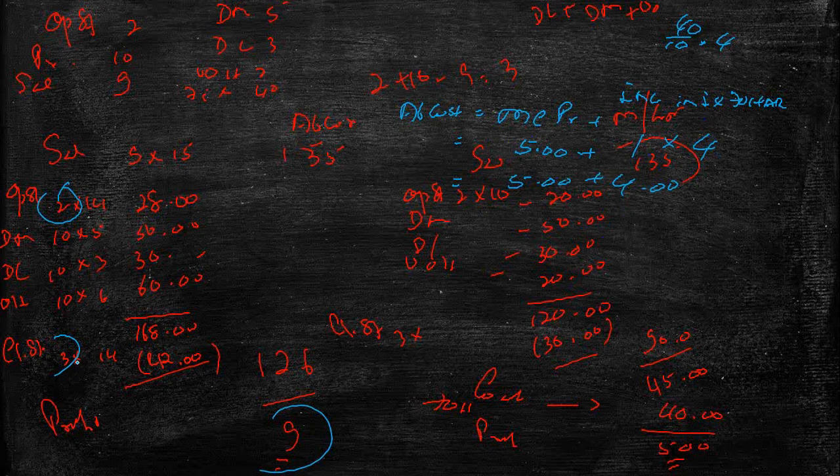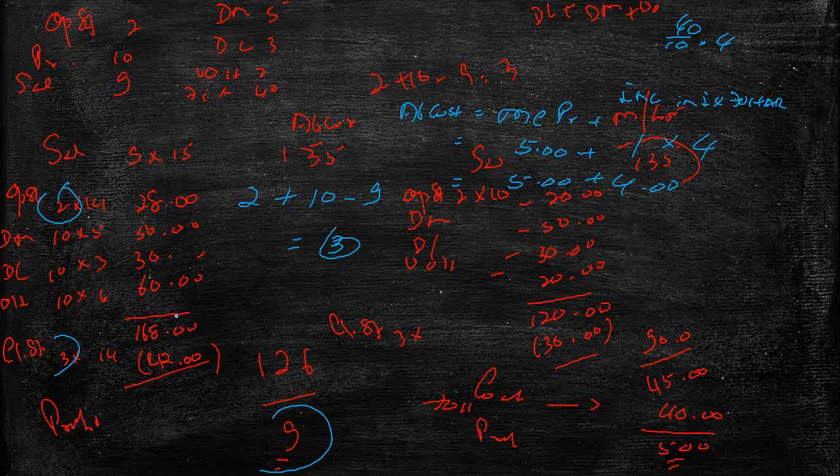Okay, closing stock. How did we get the closing stock? We had opening 2, production of 10, we sold 9, so we have a closing stock of 3. Opening 2, production 10, sold 9, closing stock is 3.